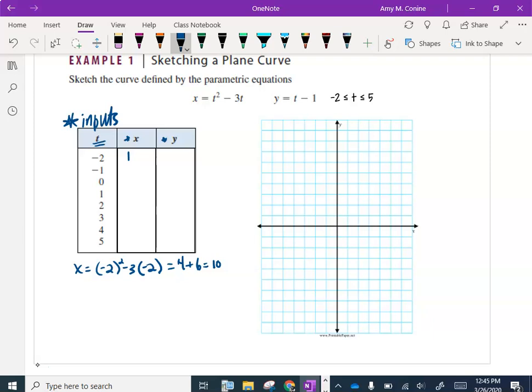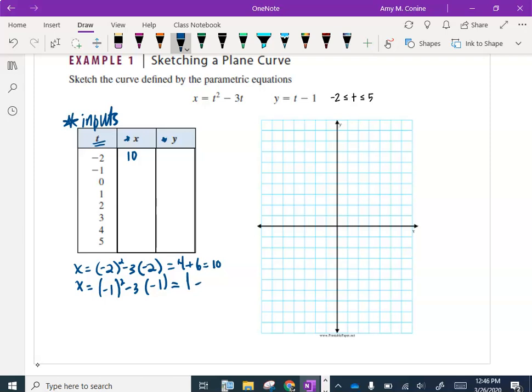We're going to do that for all of our x values and all of our y values, using just this range of -2 to 5. That's the only thing we're really going to look at right now. Again, for x, we're going to take -1, that's our next t value, and plug it in and get our coordinate.